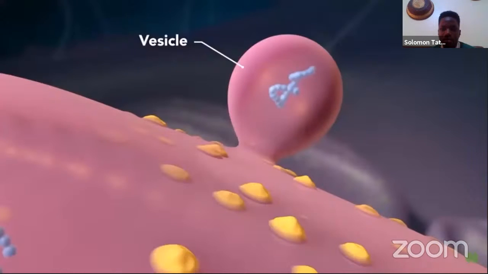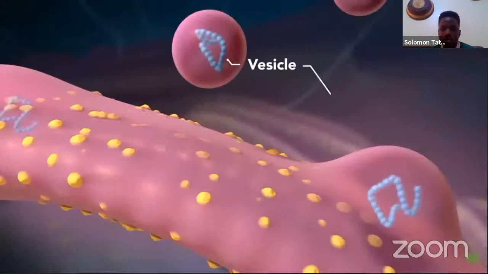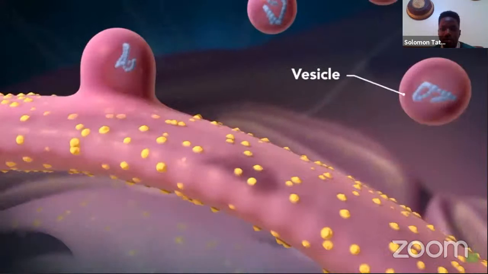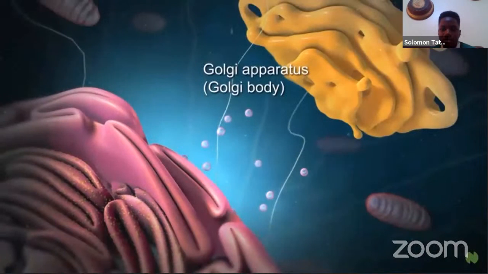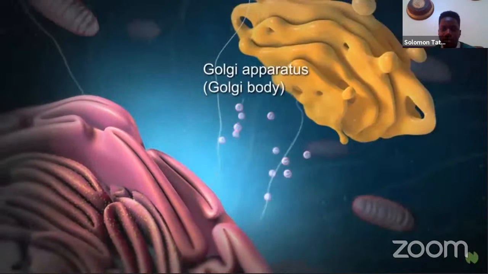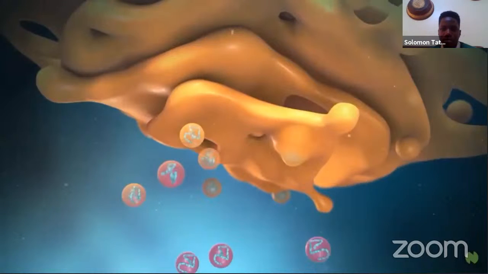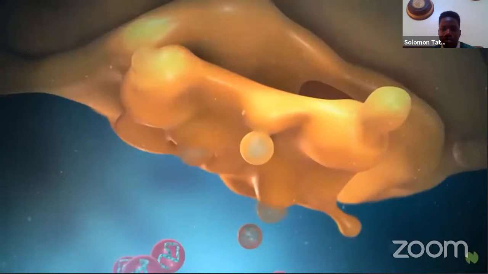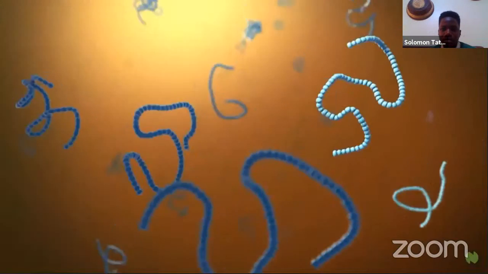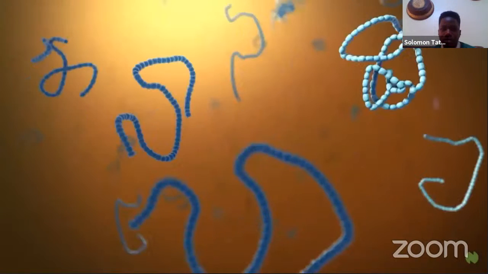Proteins and other materials emerge from the endoplasmic reticulum in small vesicles, where the Golgi apparatus, sometimes called the Golgi body, receives them. As proteins move through the Golgi body, they're customized into forms that the cell can use.